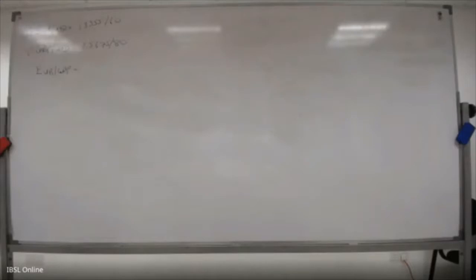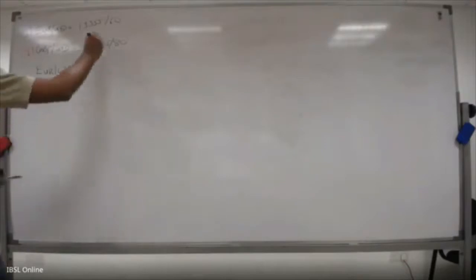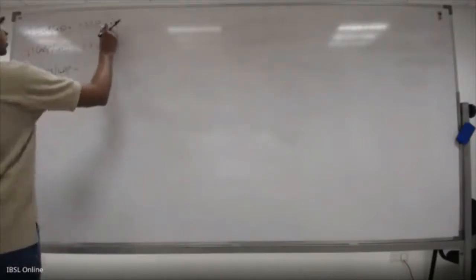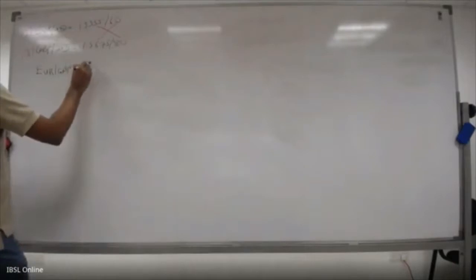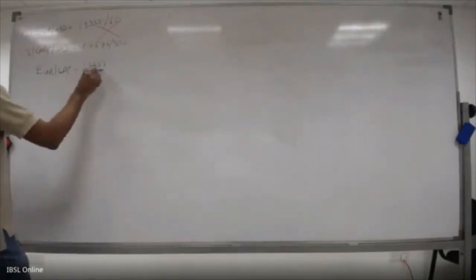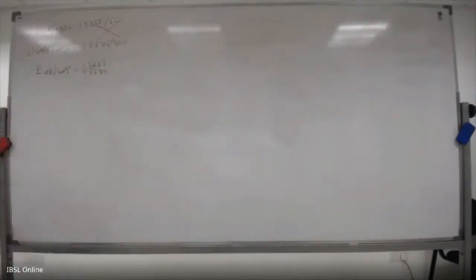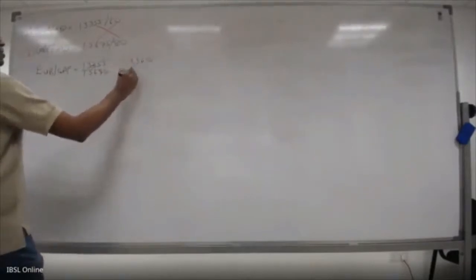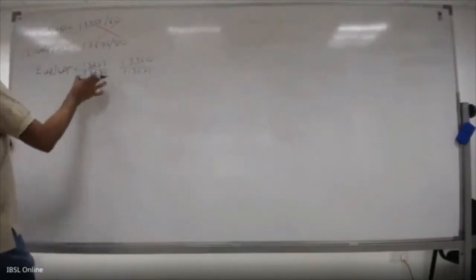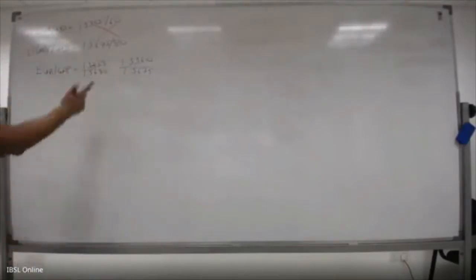When you divide indirect quotes, you have to divide across: bid divided by offer and offer divided by bid. That is the direction you have to go. So this will be 1.3355 divided by 1.5680 as the bid, and the offer will be 1.3360 divided by 1.5675. The idea is bid should be as low as possible, offer should be as high as possible. This is the only combination which gives the lowest possible value and the highest possible value.